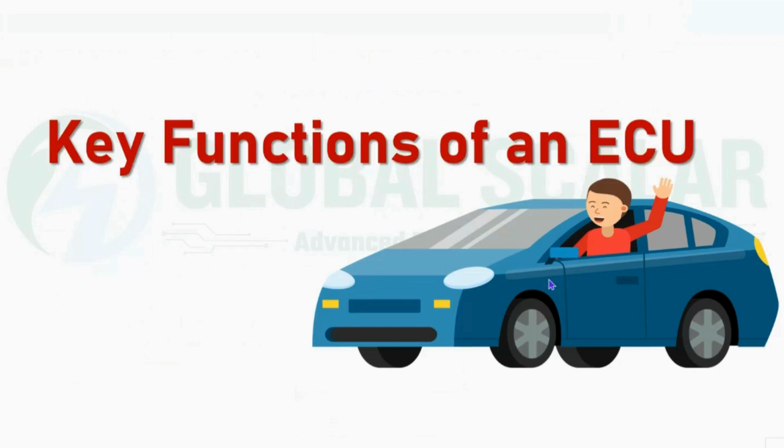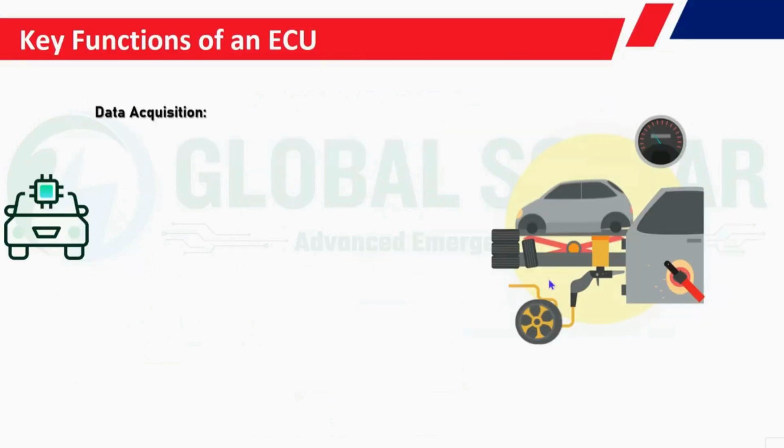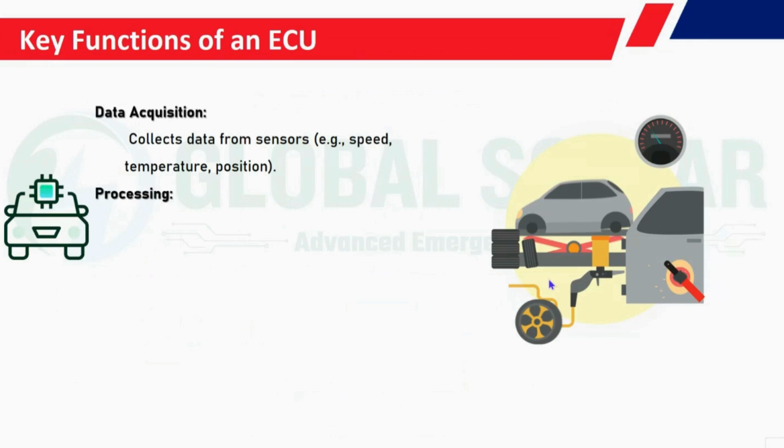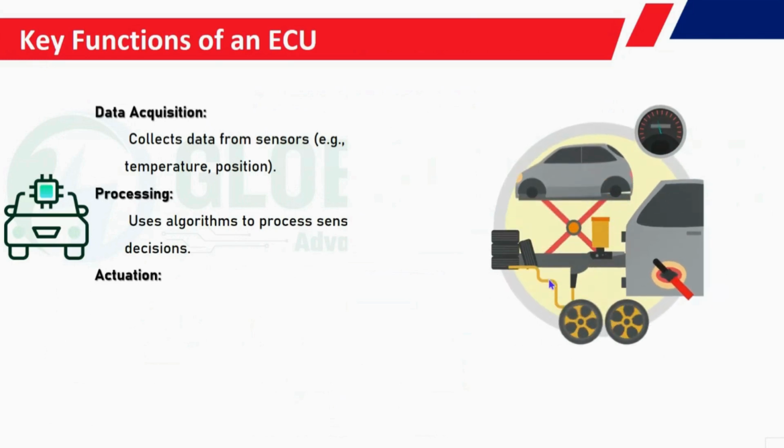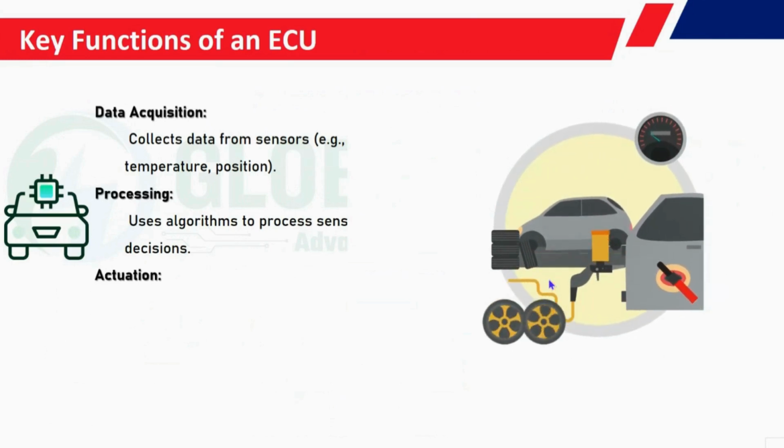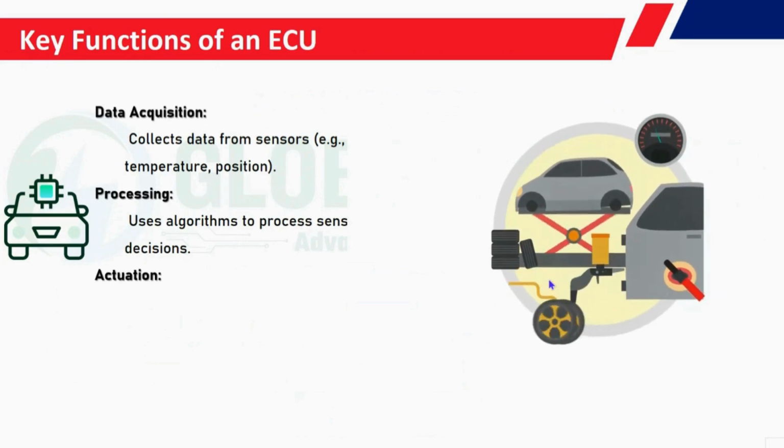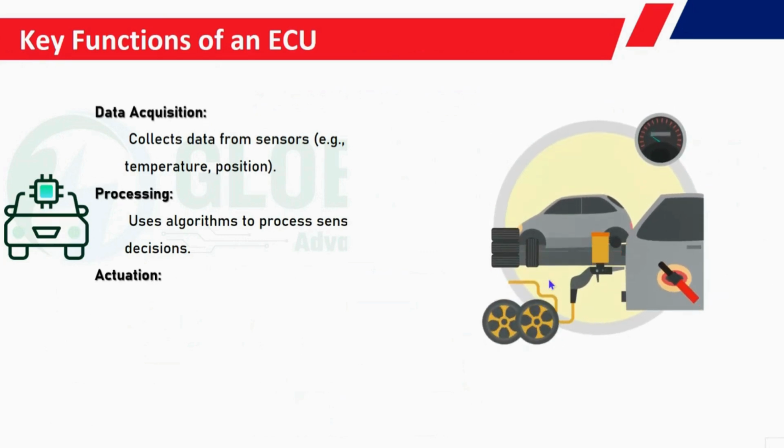And what are the key functions of the ECU? Mainly the data acquisition. It will collect data from the sensors and temperature sensors. And next will be the processing, how the data can be processed with respect to the algorithm. Once the data is acquired from those different sensors, then that will be processed. Based upon that, the actuator will perform some action.